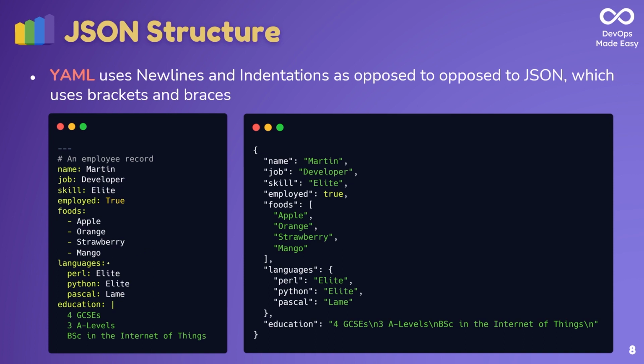And languages here is the key, and again this complete part becomes its value. If you see clearly, this complete part which we are calling the value of the languages key is again a dictionary, because it has a key and a value, key and a value, key and a value.